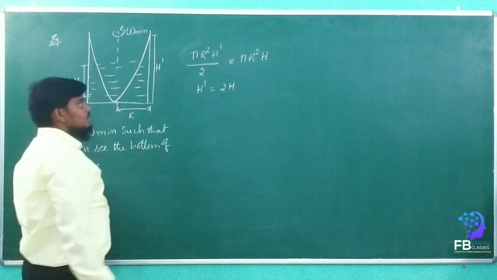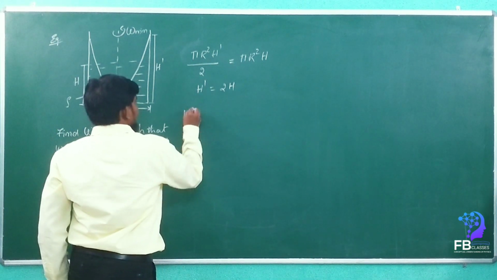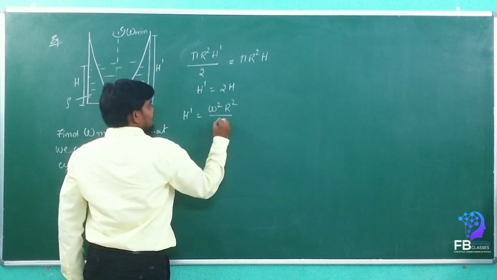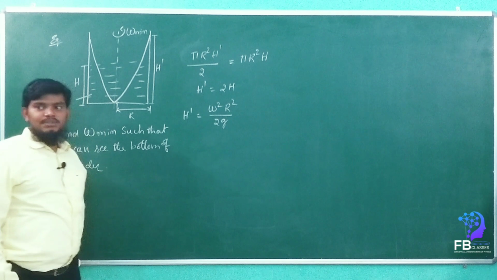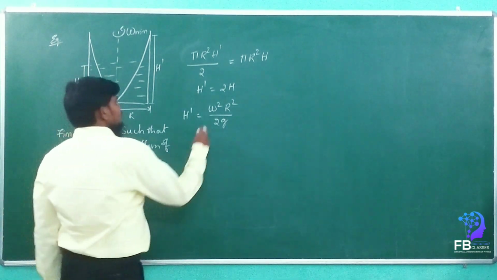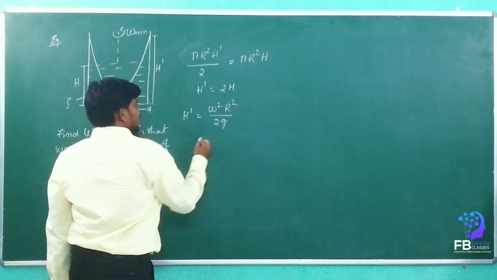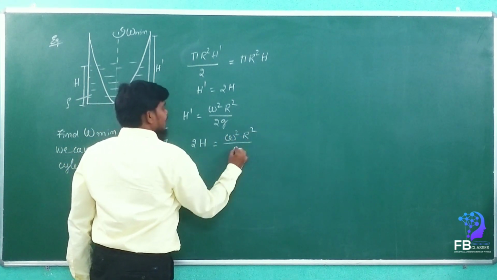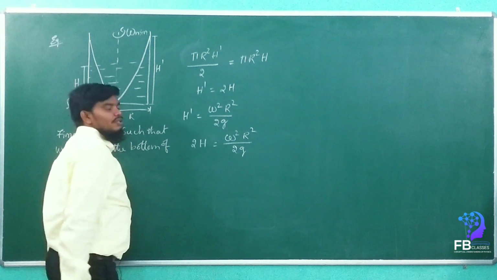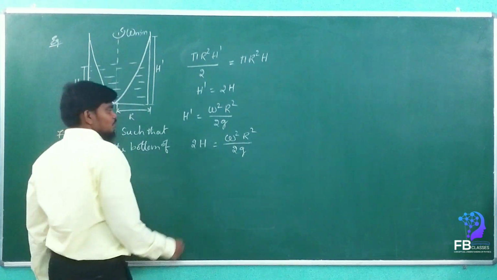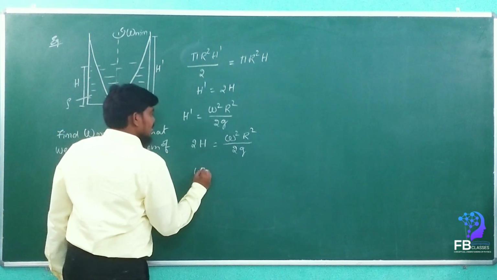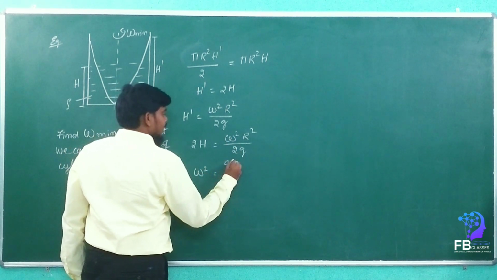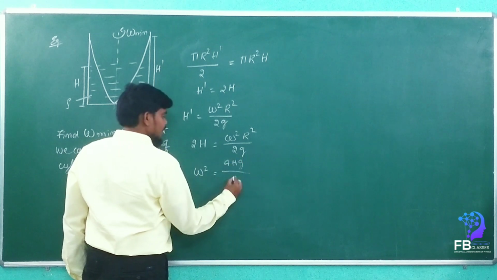Now what is the h dash value? H dash is equal to omega square r square by 2g. So instead of h dash we can write 2h is equal to omega square r square by 2g. From here we can find the omega value. Omega square is equal to 4hg by r square.